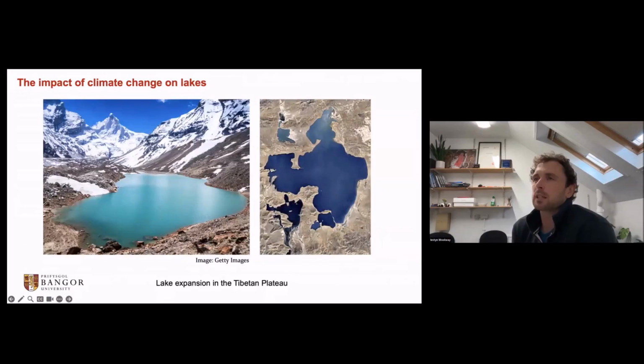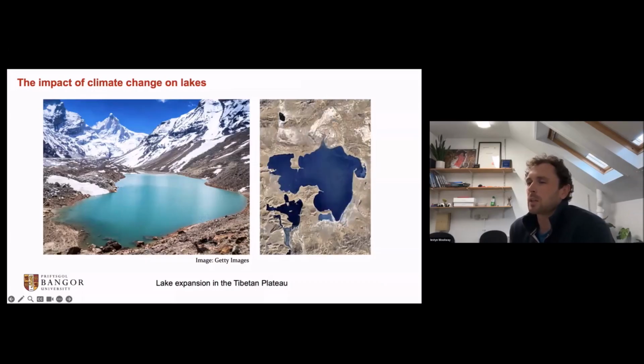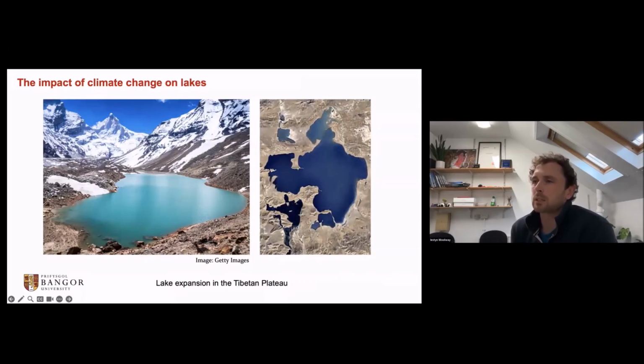So one of the things that we expect as I explained in the previous slides, due to climate change, is that lakes will dry up due to an increase in evaporation. But in some parts of the world, such as the Tibetan Plateau, so this Himalayan region, lakes are actually expanding. So different to what we expect due to increased evaporation rates. Now, in this part of the world, you can see many glaciers in the background of the figure on the left-hand side.